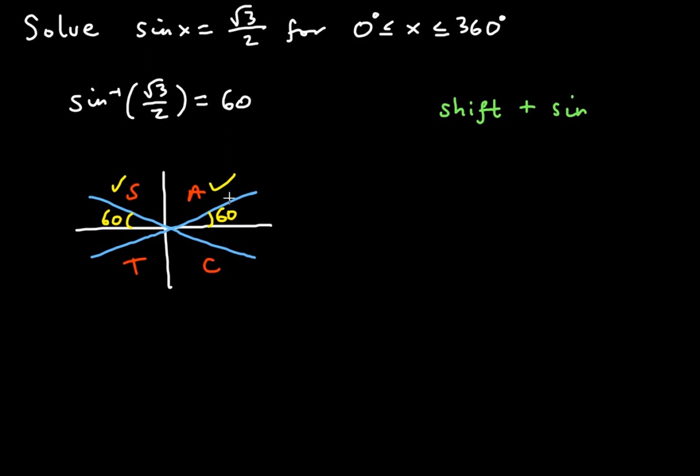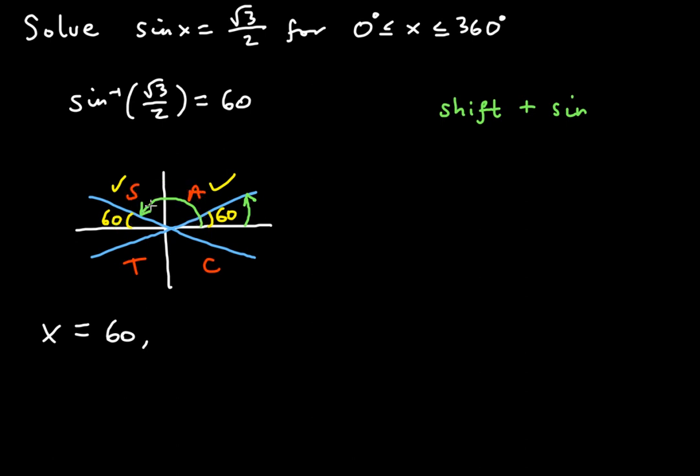And then you measure the angles from the initial line. So it's always counterclockwise, as we explained in the cast diagram video. So that would be 60 degrees. So that's one solution. And then the second angle is 180 minus 60, because up to this line, that would be 180 degrees.